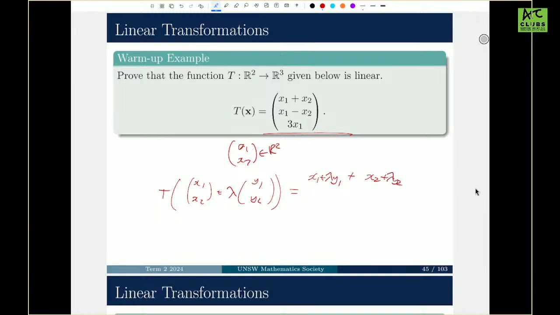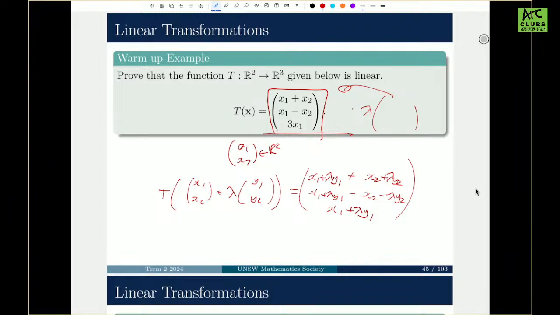The next thing will be x1 plus lambda y1 minus x2 minus lambda y2. And on the bottom, it's x1 plus lambda y1, times 3. We can factor out the right things and separate the pluses or minuses into their own vectors to extract a lambda, and then this in terms of the yi's as well.